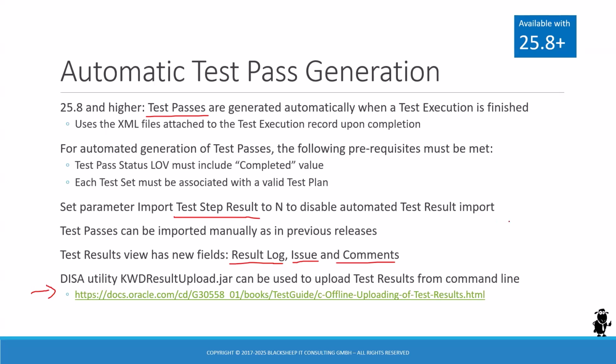It's a command line, a jar file that you execute now. So all in all, great news for test automation. If you're considering Siebel test automation or you're using it already, 25.8 will definitely make a change here.